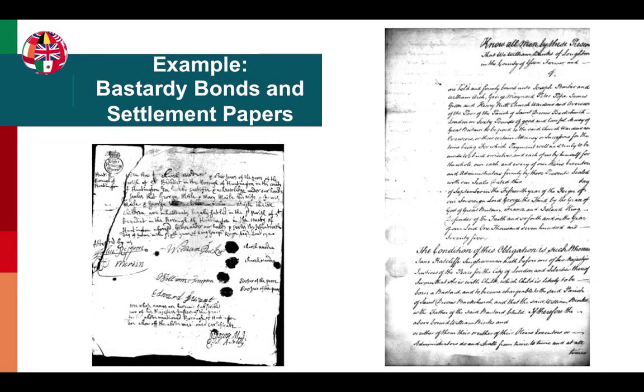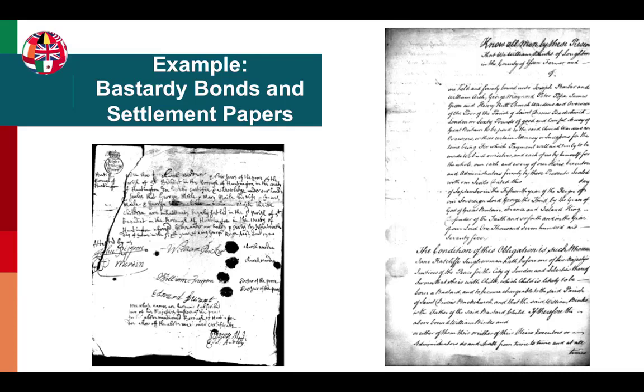And this one is another England example. Sorry that I'm sticking to my specialty, I guess. But in England, each parish was responsible for taking care of their own poor. And parishes did not want to end up paying for somebody who was just traveling through. So they created settlement papers.